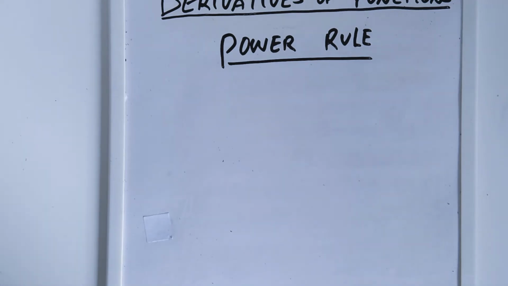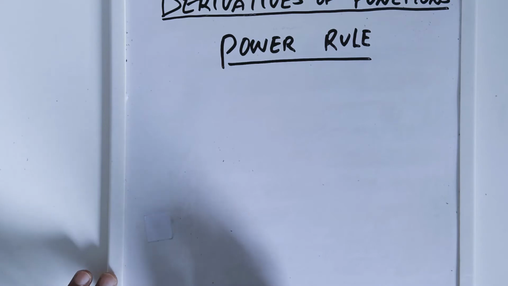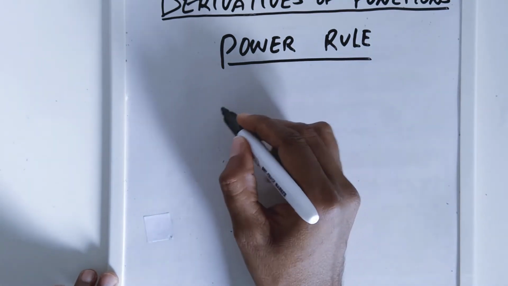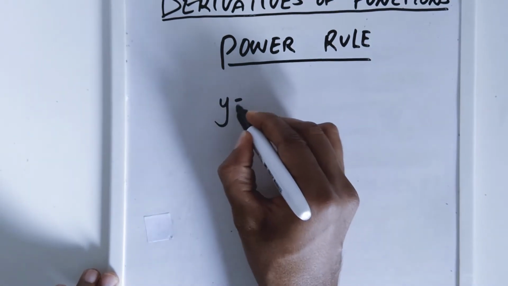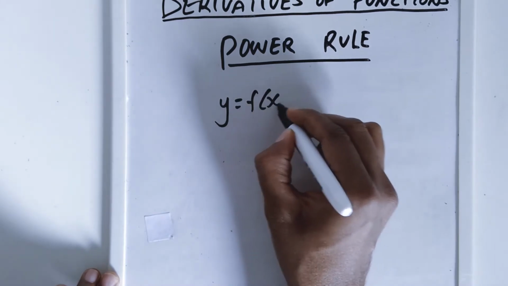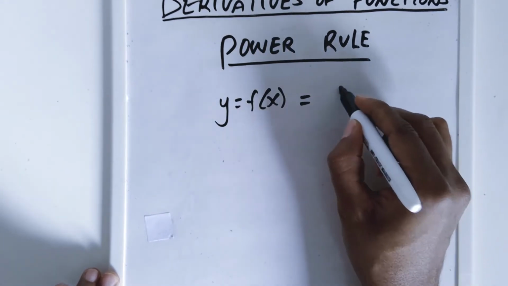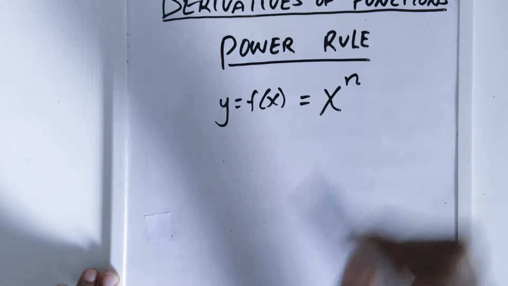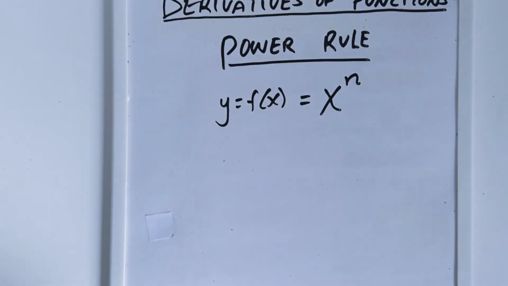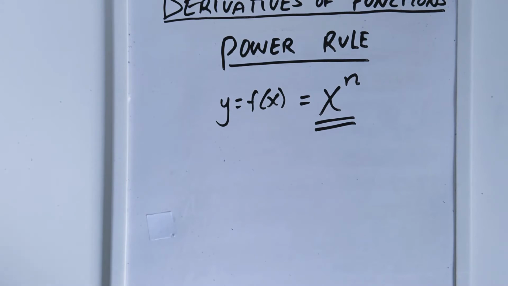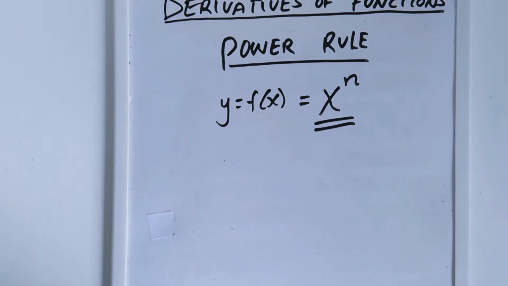The power rule, when finding the derivative of a function, is such that if, for example, you have y, which is equal to f of x, is equal to x to the power of n, and you want to find the derivative of this function, you have to use the power rule.